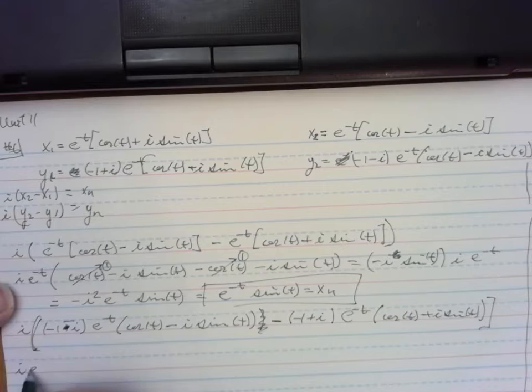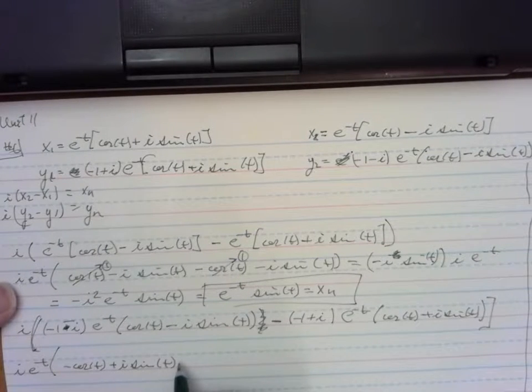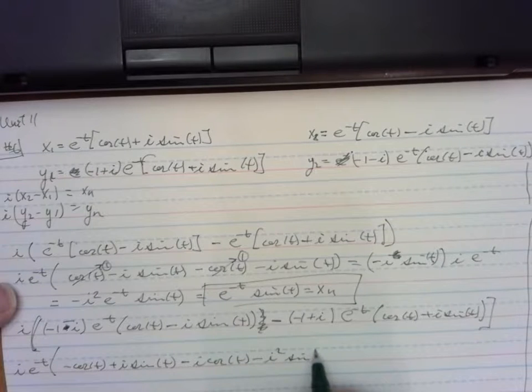So I can factor out an e to the minus t, and let's do the algebra here. I got minus cosine of t plus i sine of t, and then I have a minus i cosine of t minus i squared sine of t.